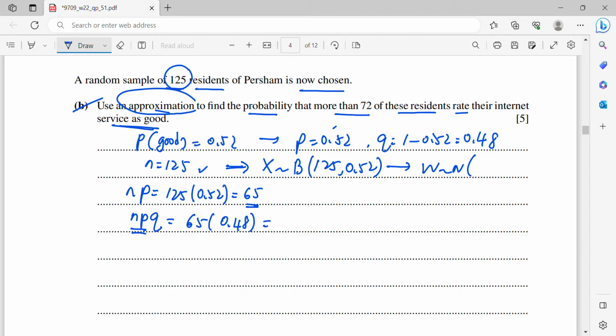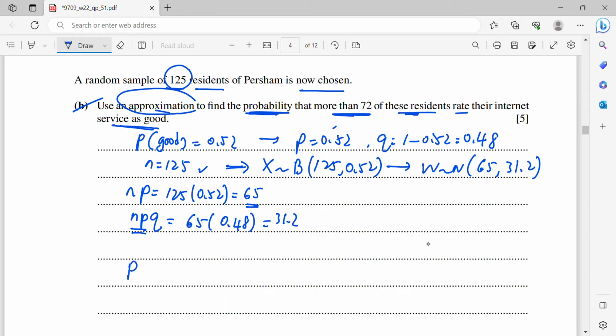Therefore, it is 31.2. So from here I know that my normal distribution has mean 65 and variance 31.2.